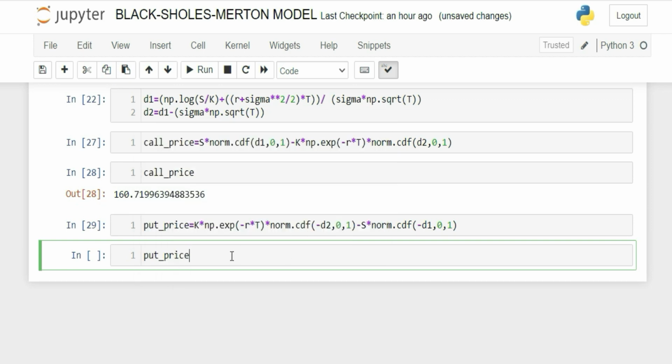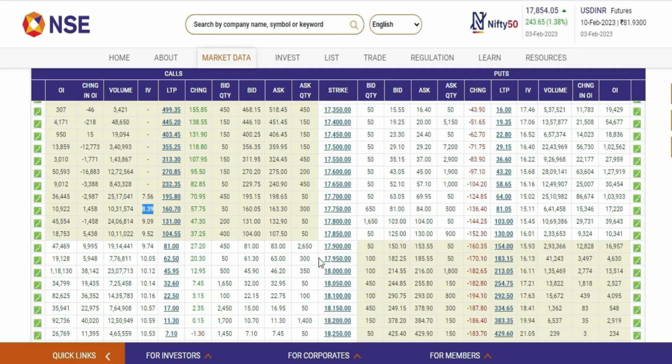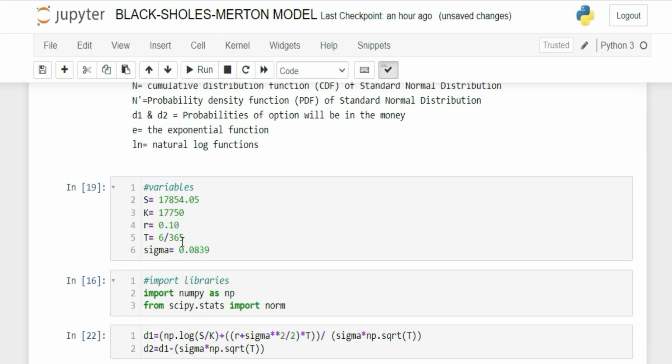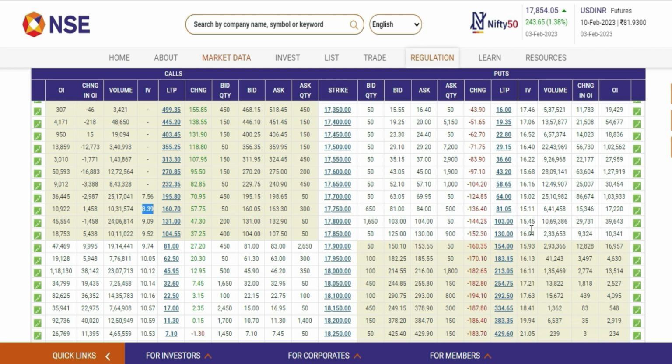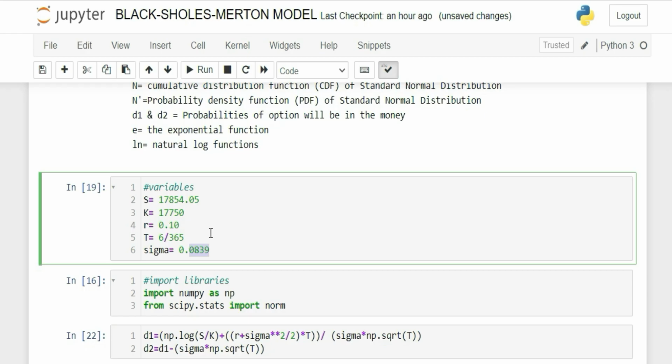Before we run the put price, if you remember what I told you, when you calculate the put price here, you have to use the IV of put side. So this 17,750 strike, what is the IV? 15.11 is the IV. So I'm going to change the IV here to 15.11.